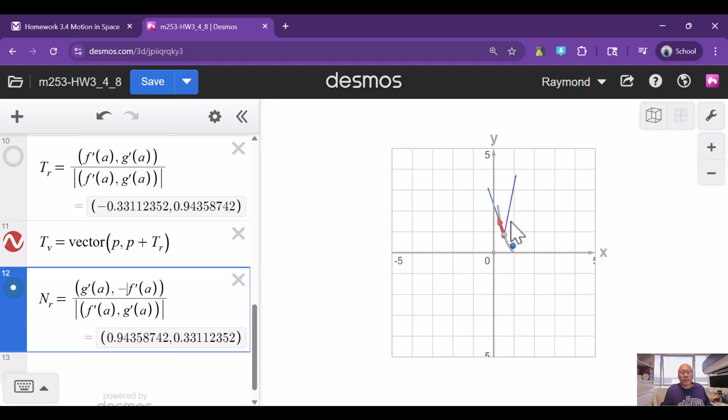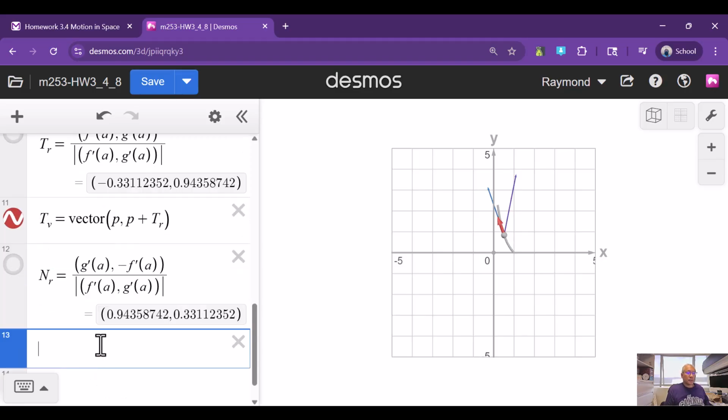Again, this point here is not useful for us, but if we make it into a vector, so n sub v is going to be the vector from the point that we're looking at to the point plus the n sub r that we're working with right now. I'm going to do this in red as well.